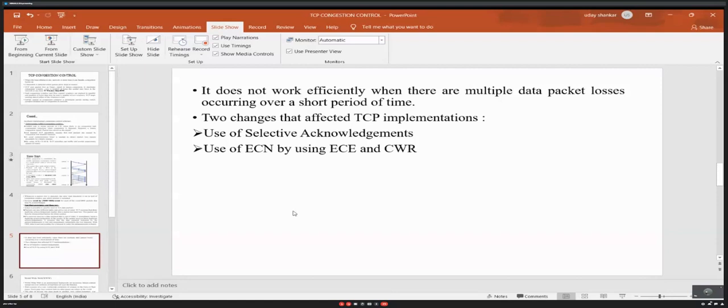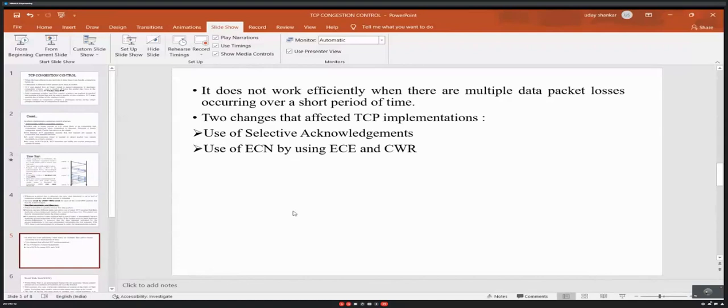So these are the various methods of TCP congestion control. What are the different methods? One is the AIMD rule, then slow start, fast retransmit and recovery, and also selective acknowledgements and ECN can be used in order to control congestion. ECN is nothing but, whenever there is congestion, it is notified in the TCP header.